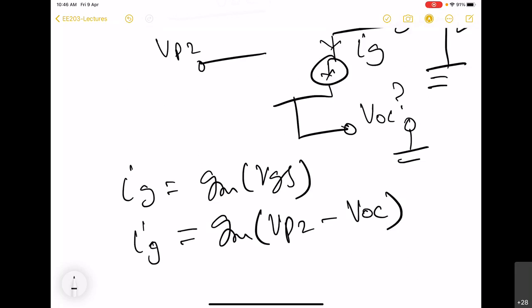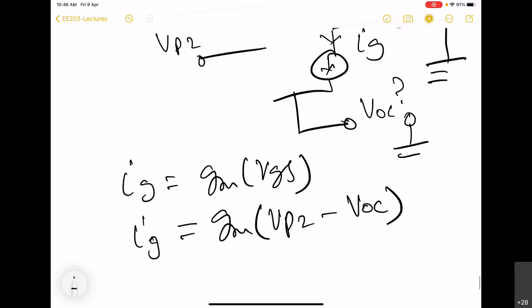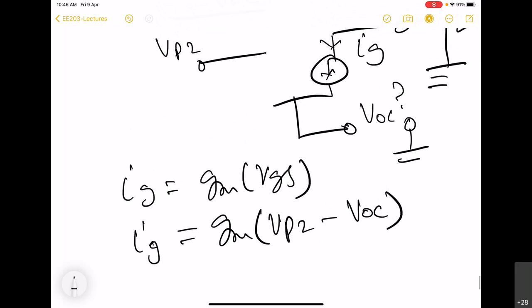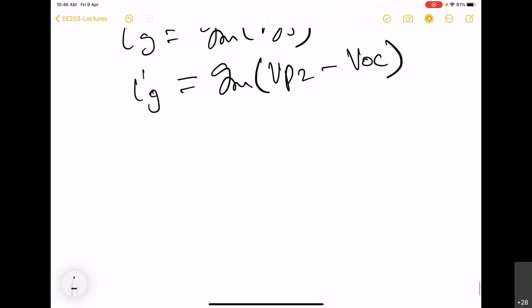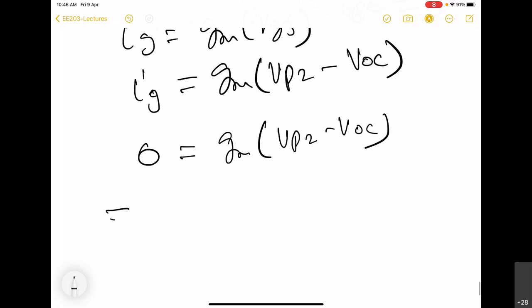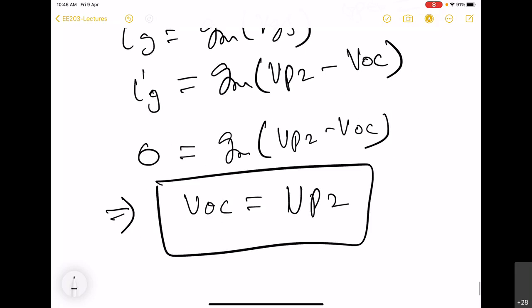So this is the drain current, and since this path is open, this current IG cannot flow and it has to be 0. So IG is equal to 0. So this says that VOC has to be equal to VP2.